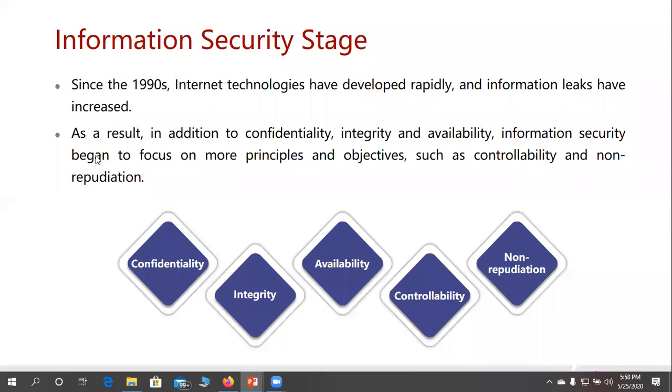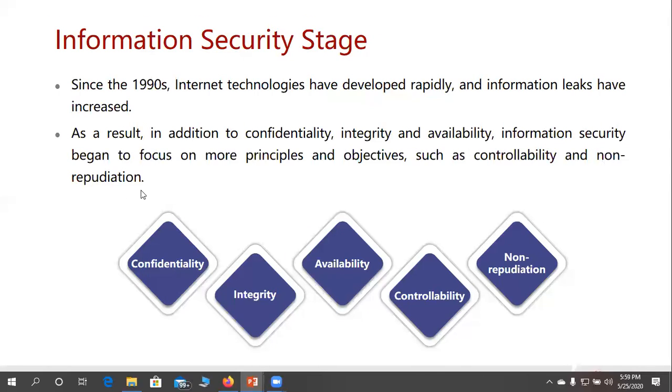So as a result, in addition to the CIA, which is confidentiality, integrity, and availability, information security began to focus on more principles and objectives. So they added controllability, which has got to do with monitoring the systems, as well as non-repudiation.